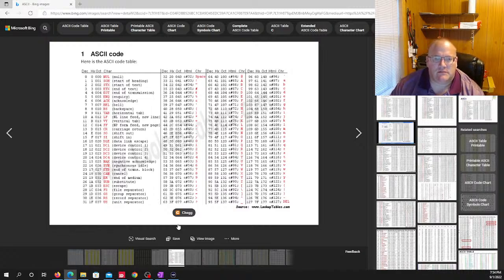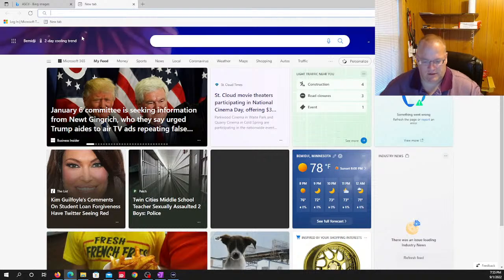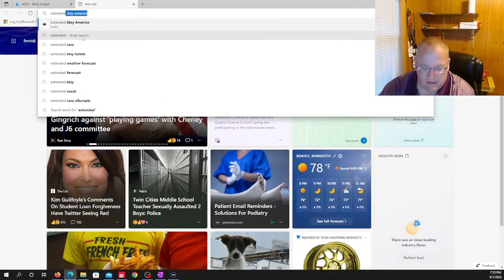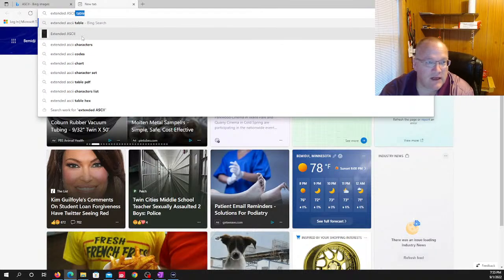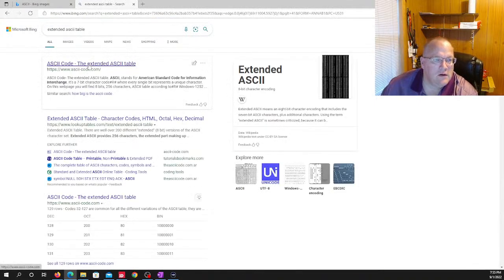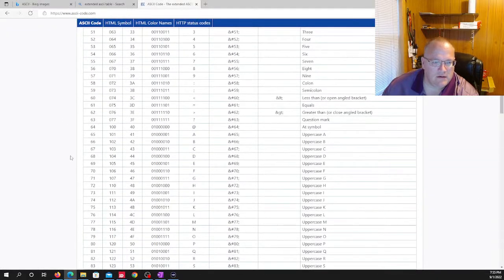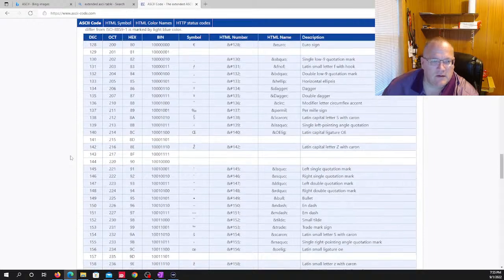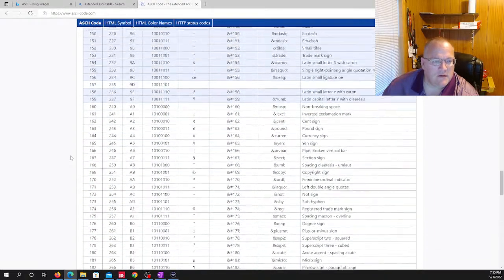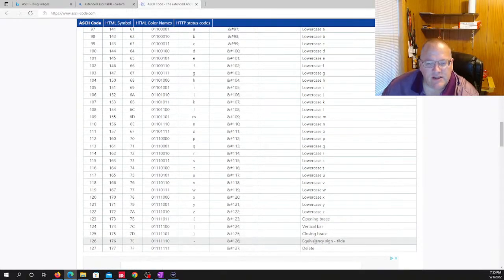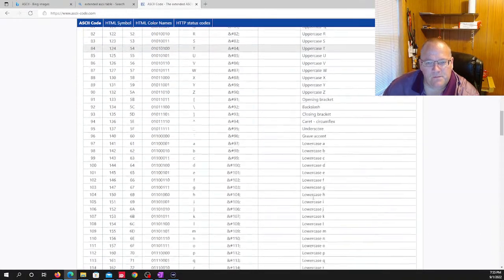We can cheat some of it, right? But what they did is they came up with something called extended ASCII. Let's see if we can look at this one. Well, this one gets to 127, and everything's exactly the same.